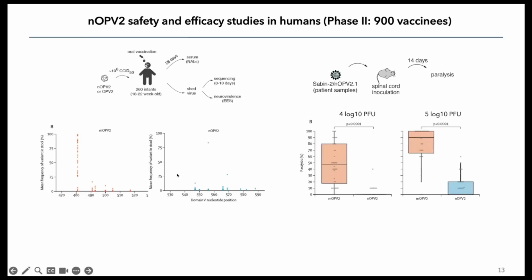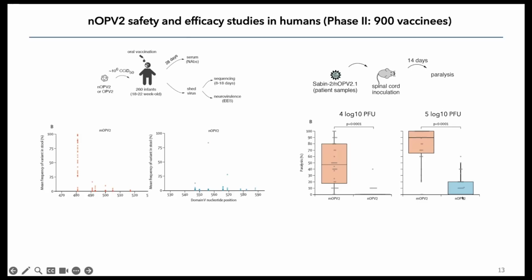Perhaps more importantly, functional analysis of viruses isolated from these patients was examined by spinal inoculation of susceptible mice and looking at paralysis 14 days later. And you can see that at this concentration of four logs, many animals were paralyzed if they were vaccinated with mOPV2, but none of them by nOPV2.